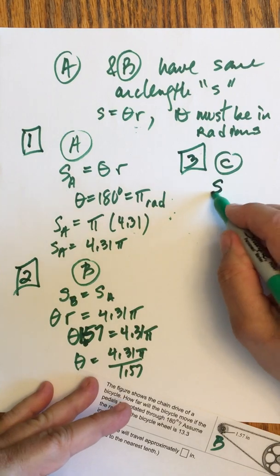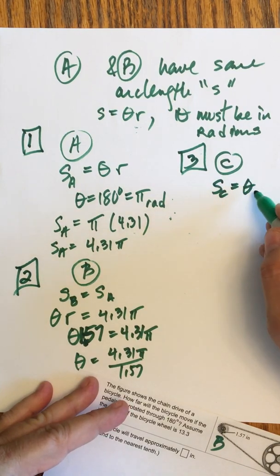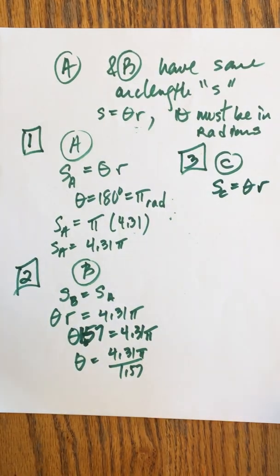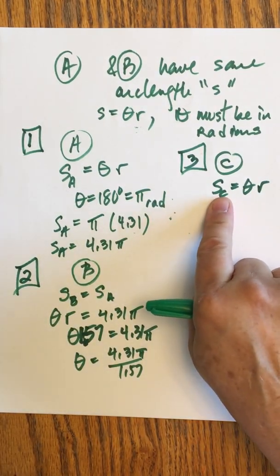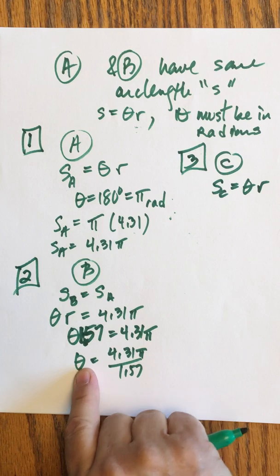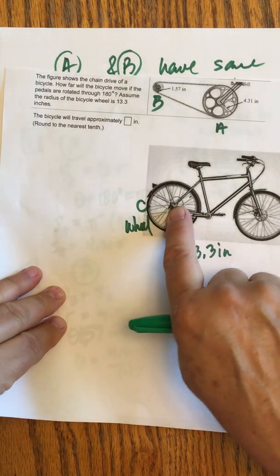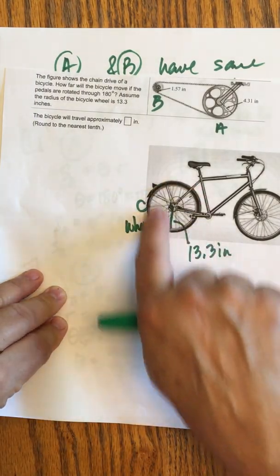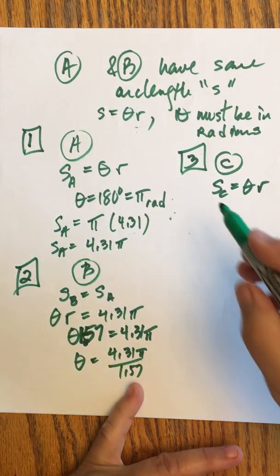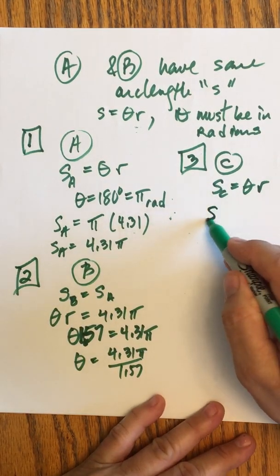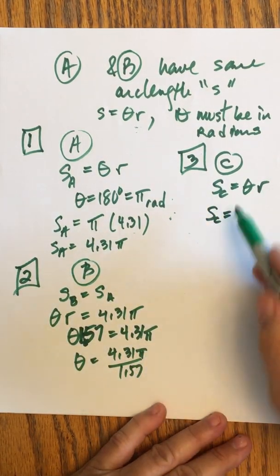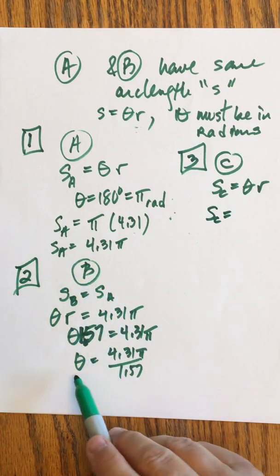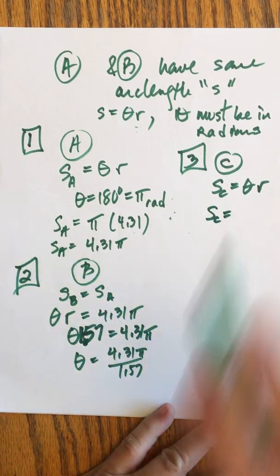I know that the arc length of the wheel is how much it rotates times its radius. But we know how much it rotates because it rotates the same amount as the sprocket, right? That sprocket is attached to the wheel. They both rotate the same amount. So here, the arc length is the rotation, I'm sorry, not the arc length, the rotation of the sprocket.